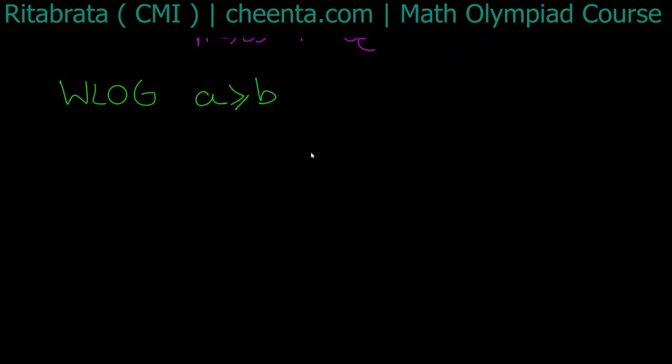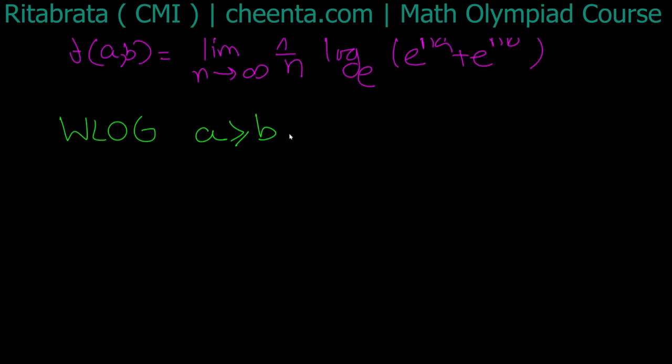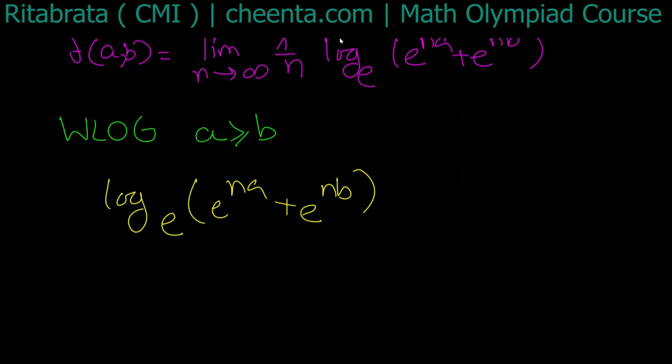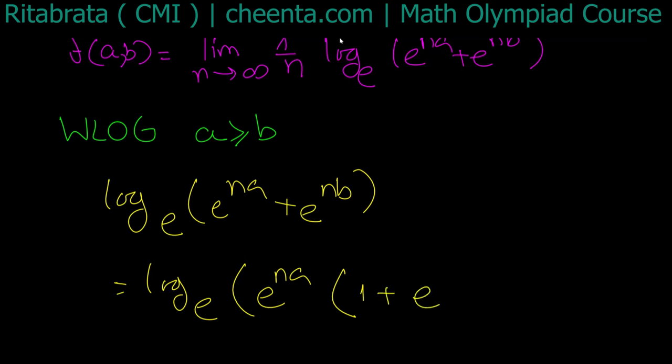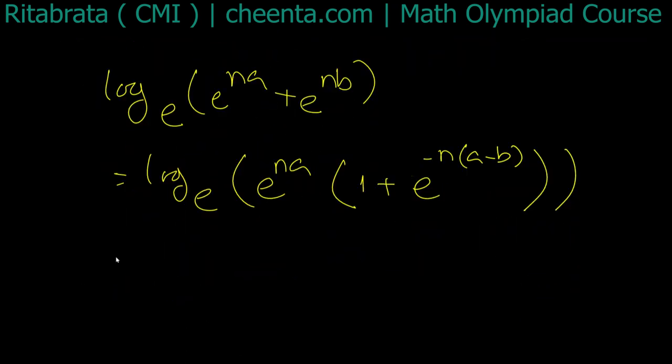We'll deal with a less than b later using analogy. In that case, I'll express log base e of (e^(na) + e^(nb)) by taking e^(na) common. So it is 1 plus e^(n(b minus a)), but I'll write it as e^(minus n(a minus b)) because a minus b is positive and that would be important.